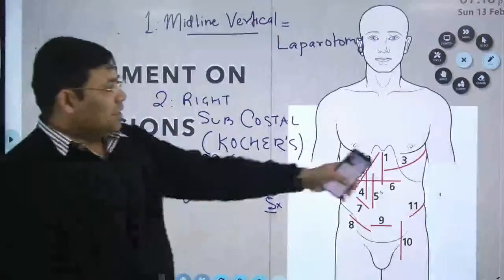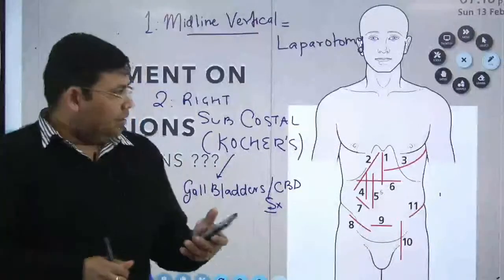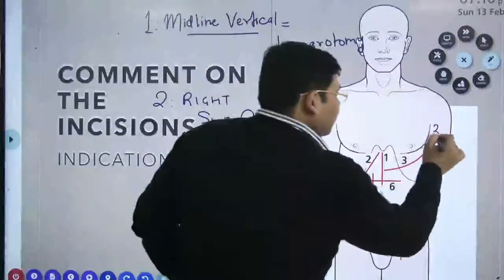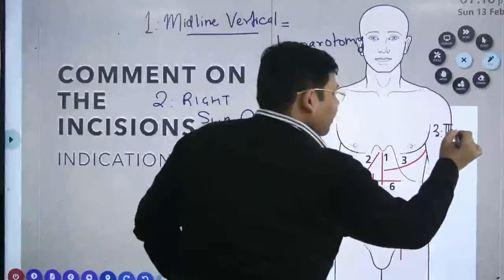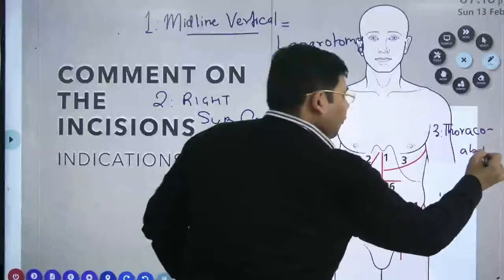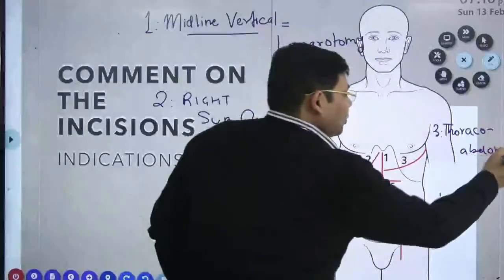Now if you see this incision number 3, what is this incision number 3, students? Incision number 3 is thoraco abdominal incision. Now what is the importance of thoraco abdominal incision?